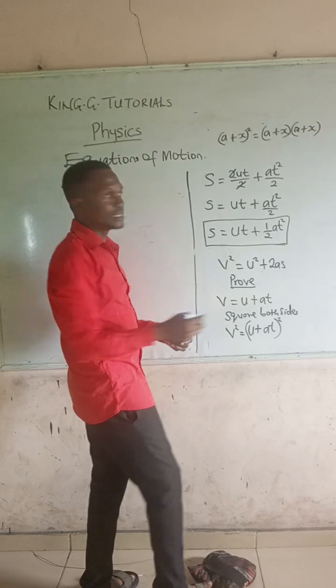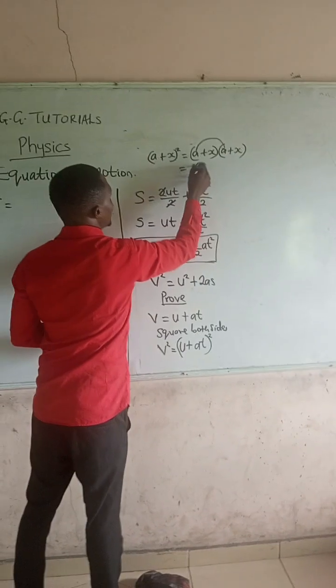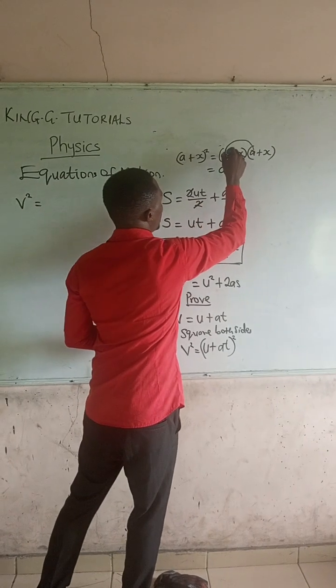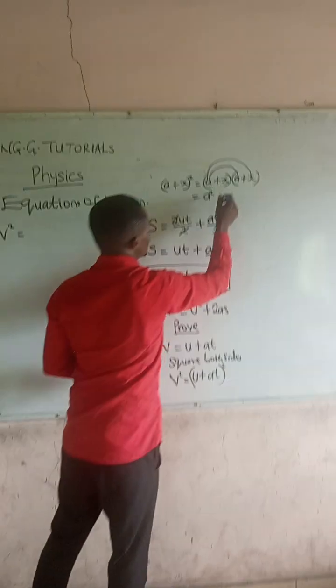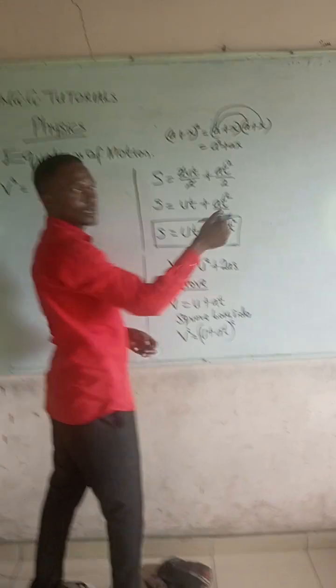So what will happen is that a here will multiply a to give me a squared. And the same a here will multiply x to give me what? ax. I'm done with this one.